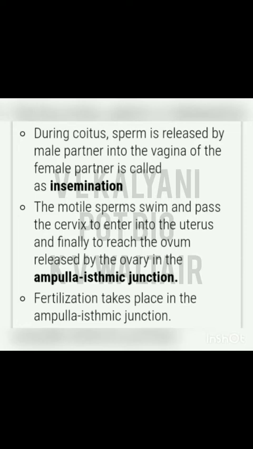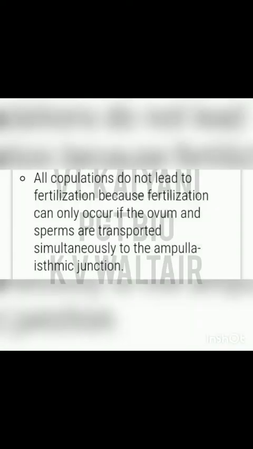This process we call fertilization. When does fertilization take place? Only if both the egg and the sperm have been released at the same time can fertilization take place. That is why, children, all copulations, mating or coitus do not lead to fertilization or pregnancy.